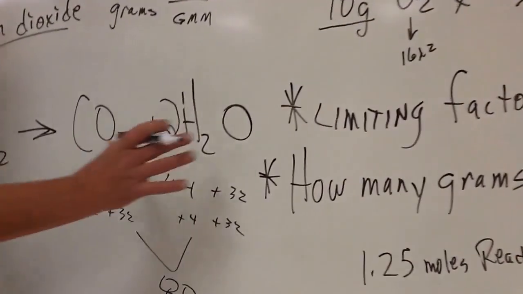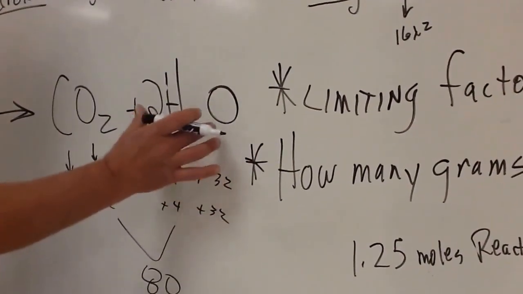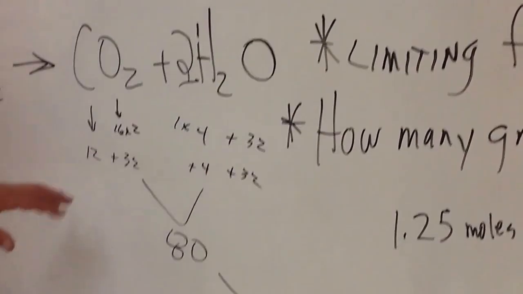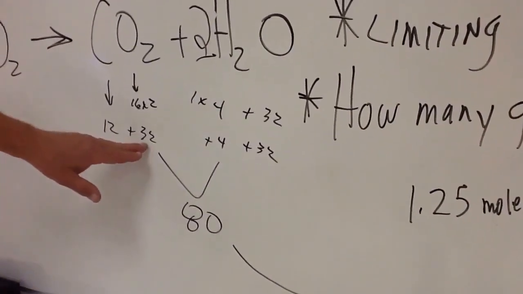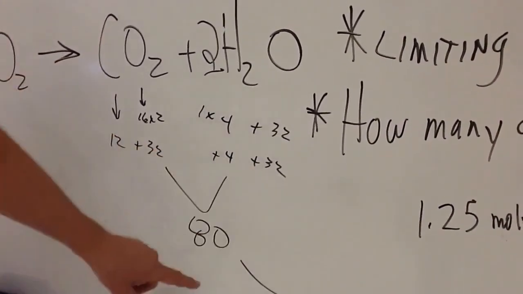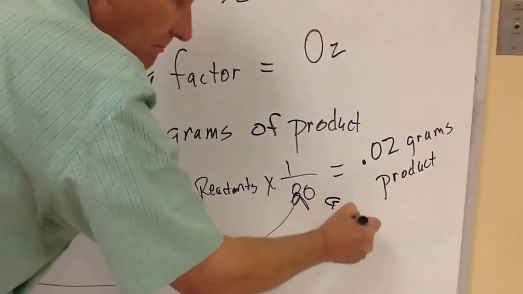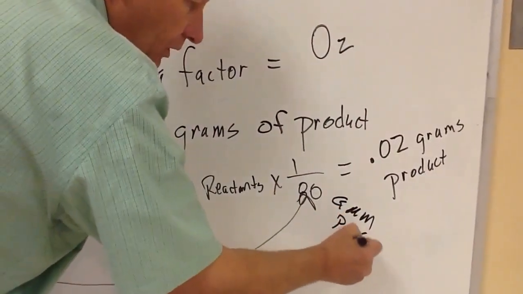Now how many oxygens do I have? I have 2. Each oxygen is 16, so 16 times 2 is 32. When I add those together, 12 plus 32 plus 4 plus 32, I get 80. That's where I get the gram molecular mass of the product.